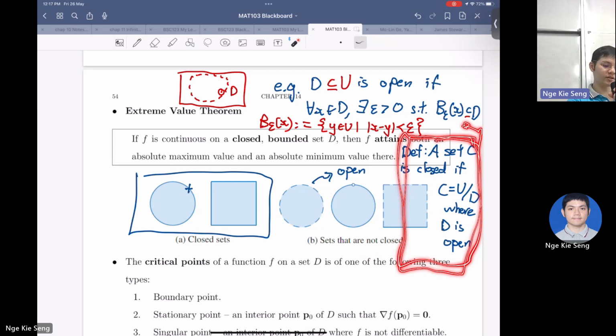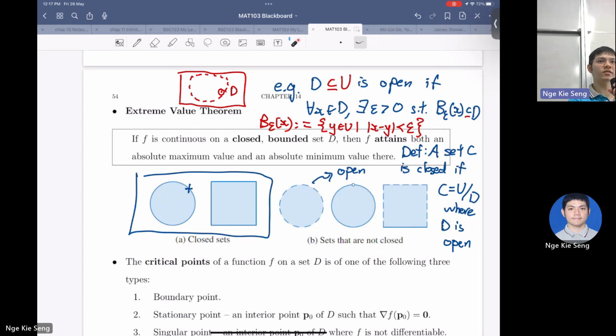If you cannot write it as a complement of an open set. Maybe I need you to think why you cannot write it as a complement of an open set.